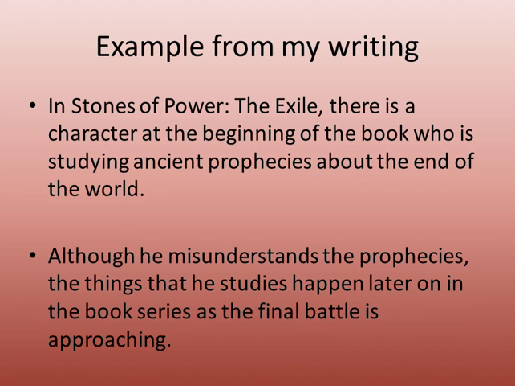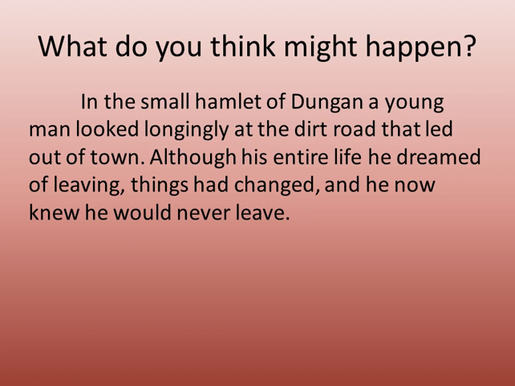And if you read through the book series, you'll see these things happening and see how it relates back to him reading that original prophecy of the end of the world. So in the first chapter of the first book, you see hints of things that are going to happen throughout. Even though it's not completely clear how they'll happen, those things need to happen before the final battle occurs.